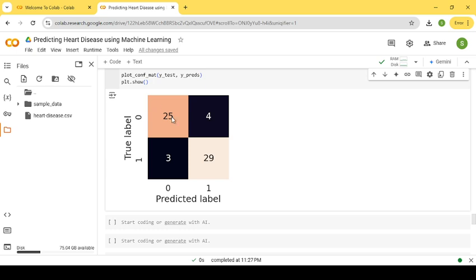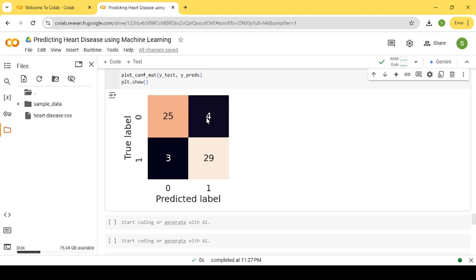These we call the true negatives, where the patient has no heart disease, and the machine learning model that we have built has predicted correctly that the patient has no heart disease, a value of 25. So as we say, 25 instances of the negative classes were correctly predicted as negative.